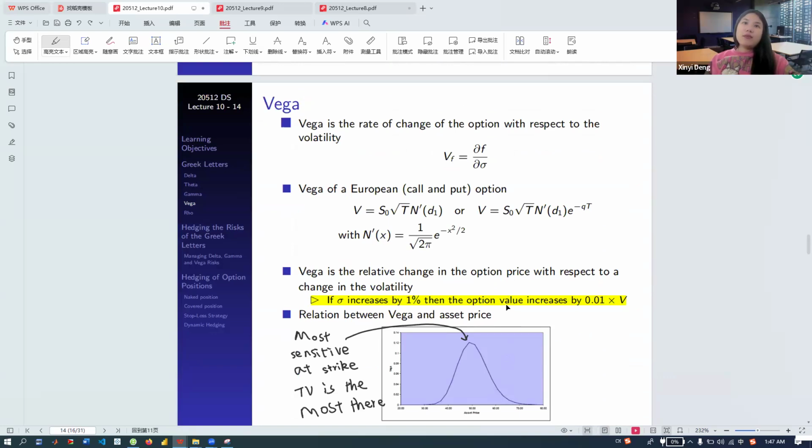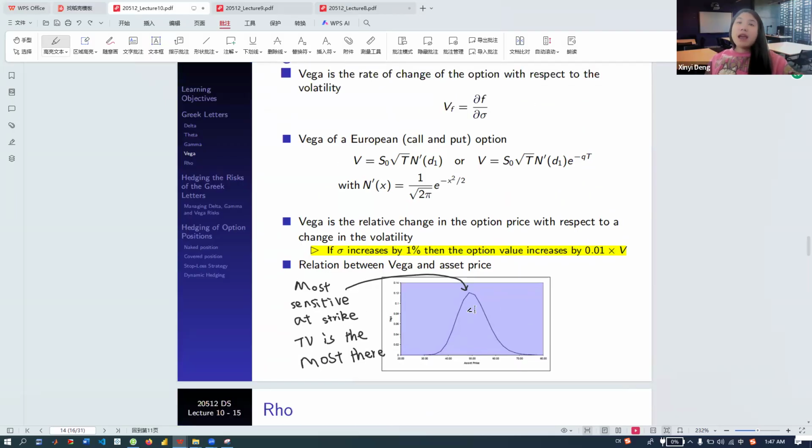Now for Vega, when at the strike, since at the money options have the most time value, the time value is more sensitive to changes in volatility, whereas the intrinsic value is not that much impacted by sigma at all.